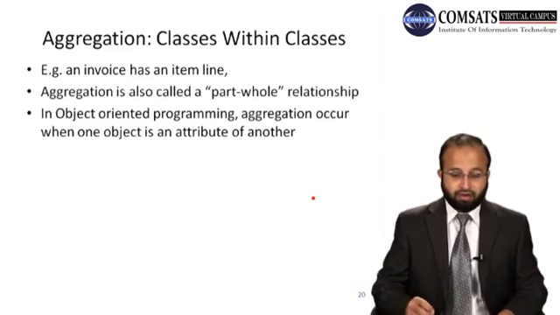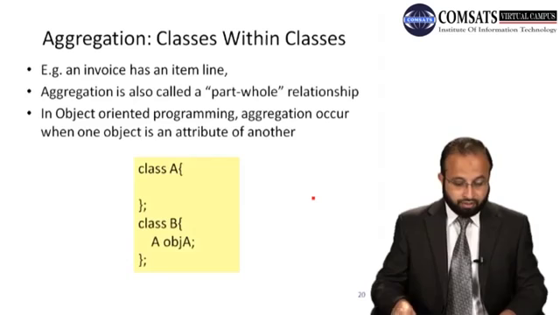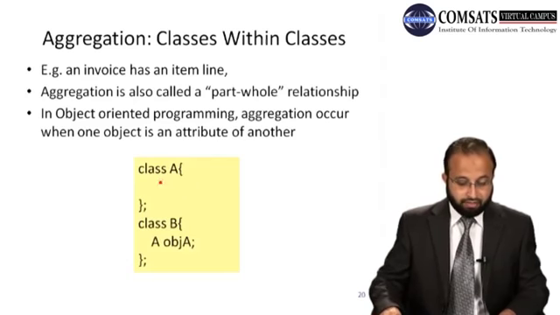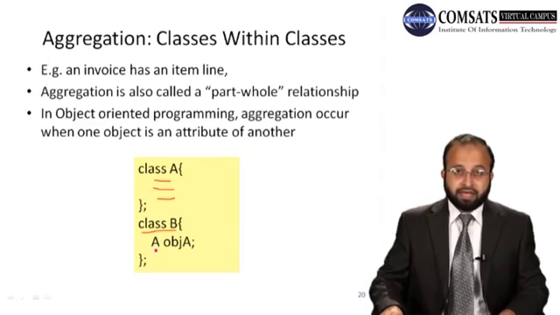ठीक है, so that is why I write in the title classes within classes. For example, we have a class A, it has some functions, right? And then we write the definition of class B. ठीक है, और we create an object of a class A in class B in the definition, and that relationship represents the aggregation.